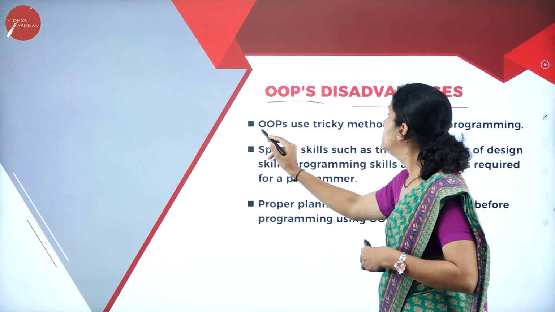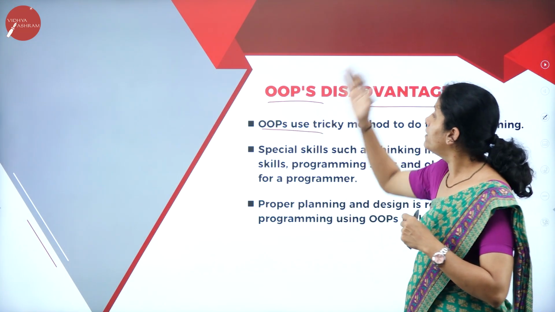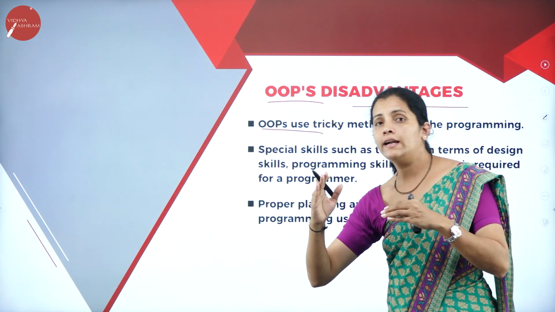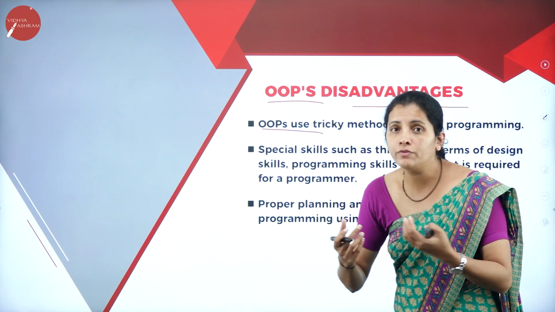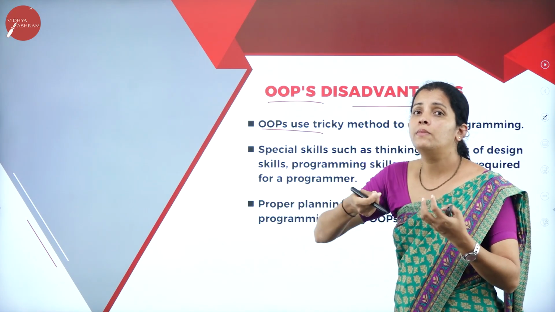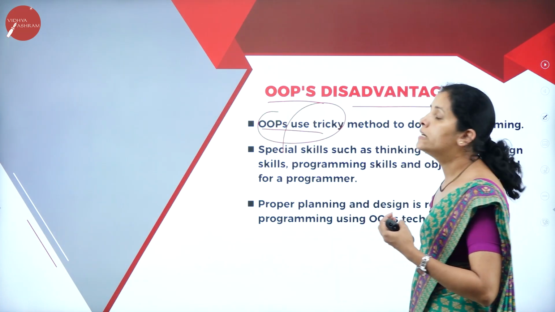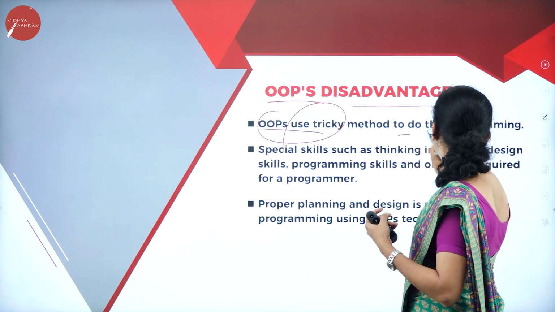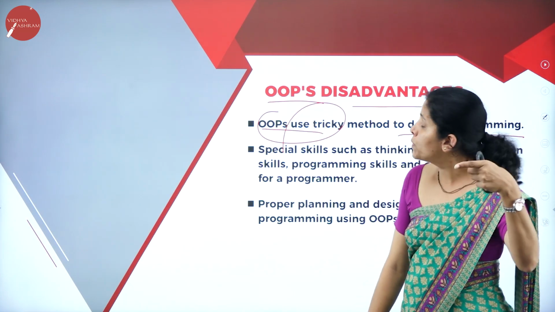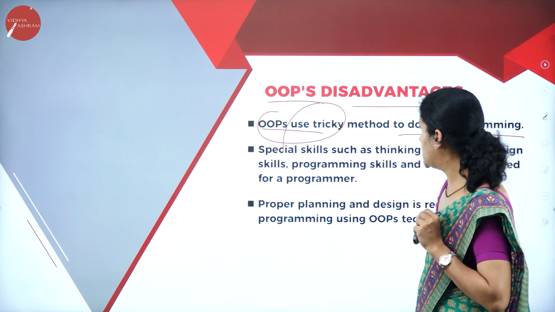It is a little bit of a tricky method. That means whatever complex problem we have, we divide that problem, find the solution for it, and combine the solutions. So these are some of the tricky methods. So here OOPS uses tricky methods to do the programming. That means to do any kind of programming in OOPS, it's going to use tricky methods.